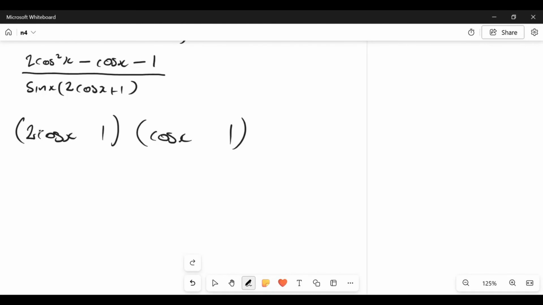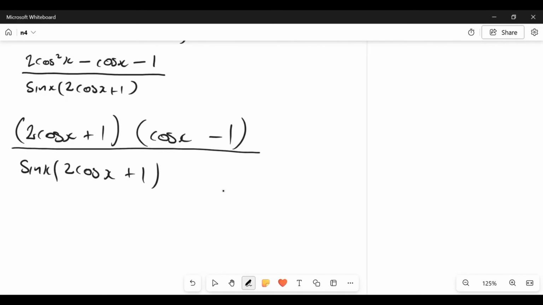So we need to multiply this 2 cos x with negative 1. And then we have positive 1 there. Then we divide like that. So we still have sine x, 2 cos x plus 1. There we go. And then 2 cos x plus 1 and another 2 cos x plus 1 are going to divide each other. So we are only left with cos x minus 1 on the numerator, divided by sine x. There we go.